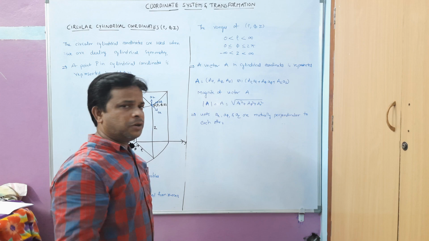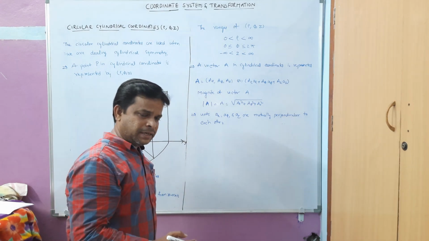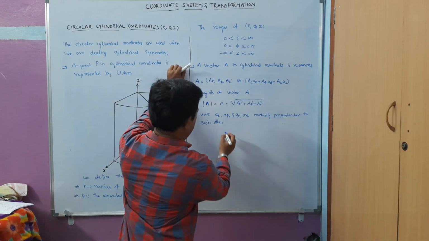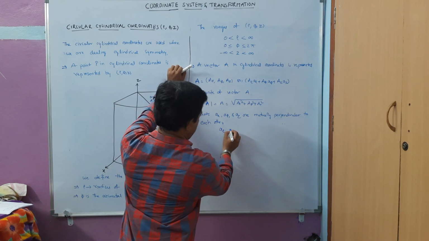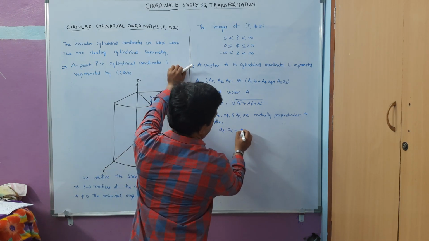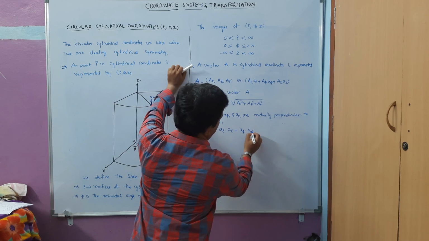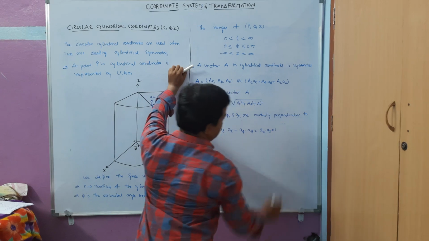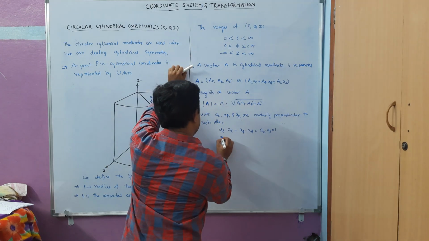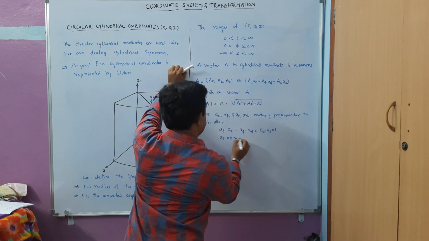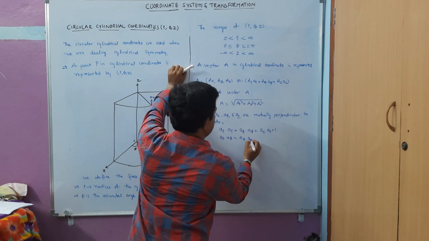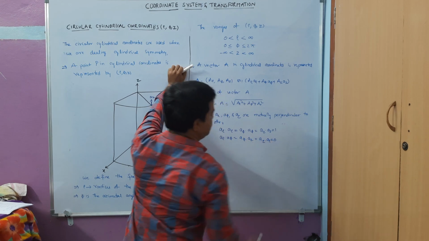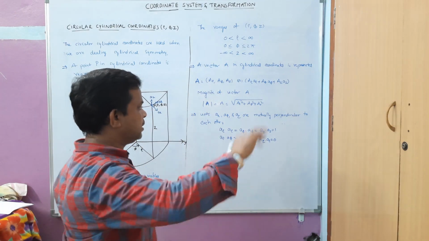We know that the dot product of same vectors is 1 and dot product of different vectors is 0. Now similarly I have to apply here, that is a rho dot a rho is equal to a phi dot a phi is equal to a z dot a z is always equal to 1, and also a rho dot a phi, a phi dot a z and a z dot a rho is always 0.